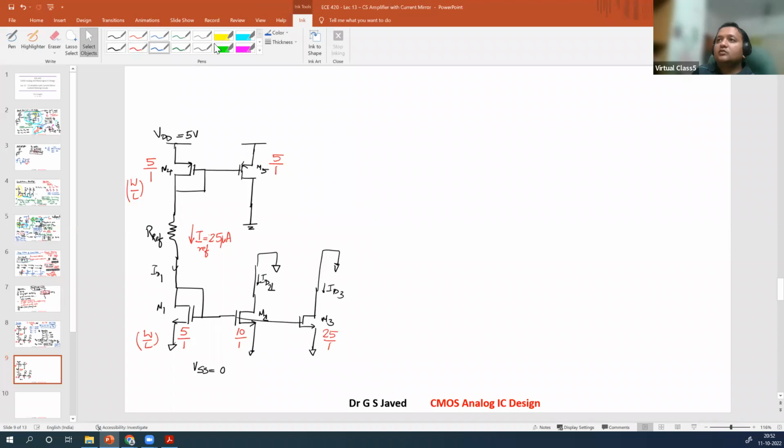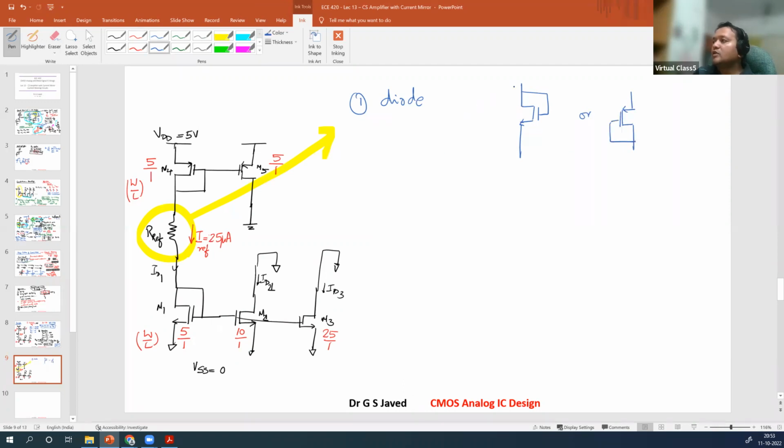This resistor now can be implemented two ways. One way, diode. So you will have either an NMOS device, or you can have a PMOS device. So what is the resistance that this has to flow through?